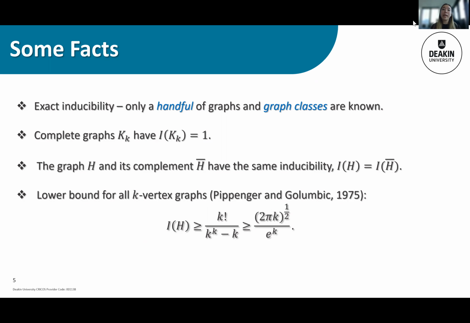If we have a complete graph of order n, all k-vertex subsets of the complete graph will also be a complete subgraph. This is the extremal case, so the inducibility of a complete graph is 1. Now, although we do not have the exact inducibility of all graphs, we do have a lower bound for all k-vertex graphs, and this was first given by Pippenger and Golumbic in their original paper.